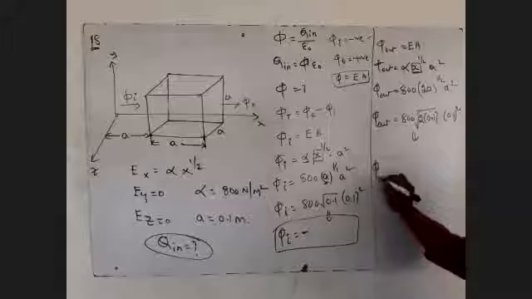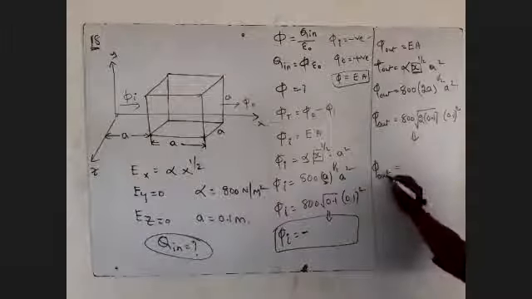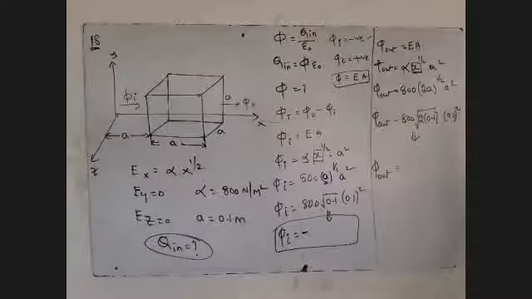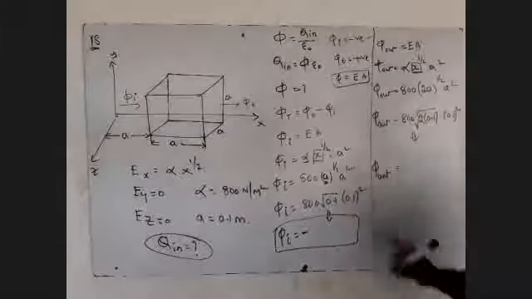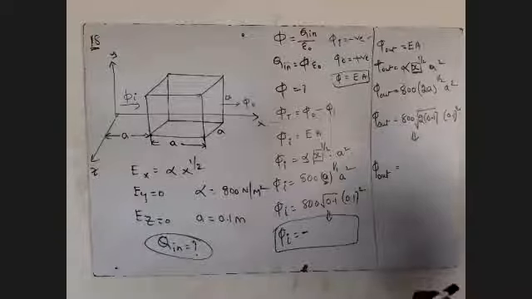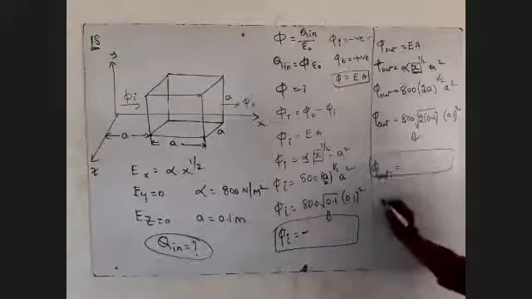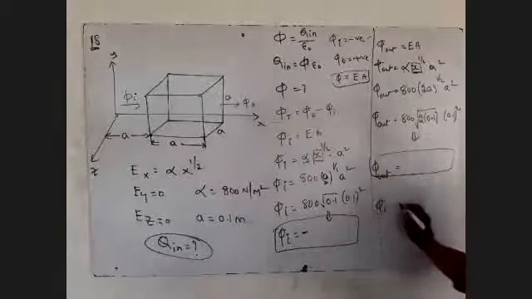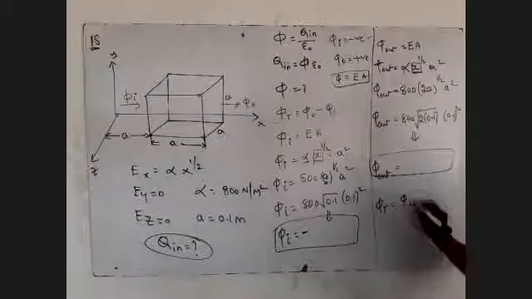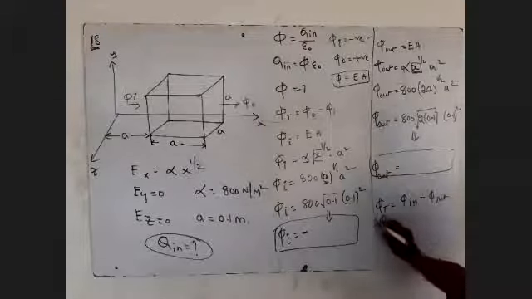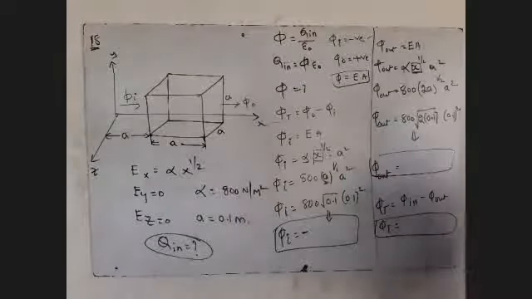So we get the phi out value. Finally, phi total is equal to phi out minus phi in.